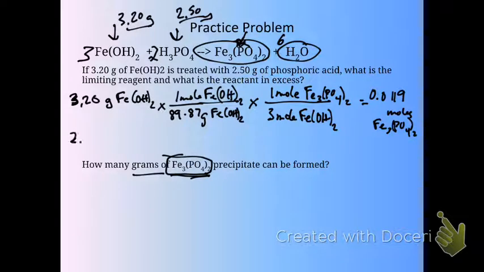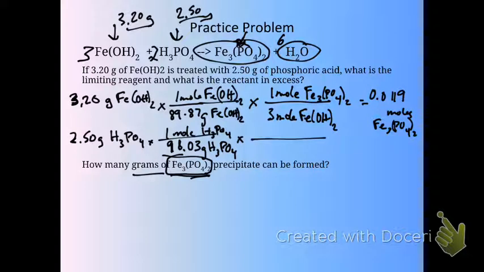You've got 2.50 grams of phosphoric acid. Phosphoric acid, hey, what's the molar mass of phosphorus, you know? 31. 31, cool, thanks. 0.03 plus 4 times 16, so 98.03 grams of H3PO4 per 1 mole of H3PO4.